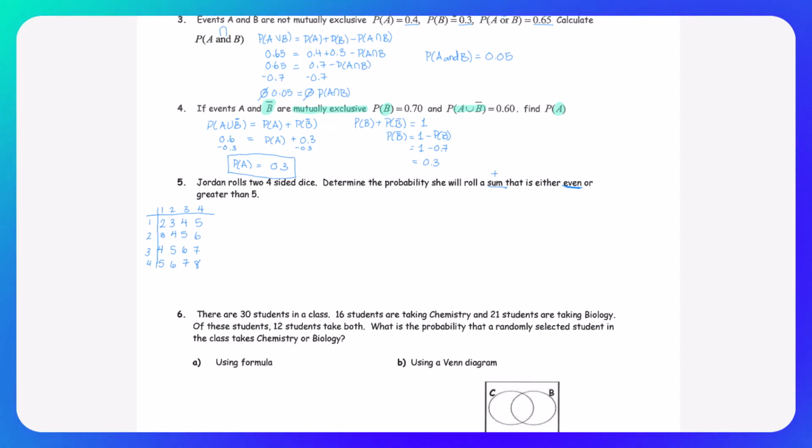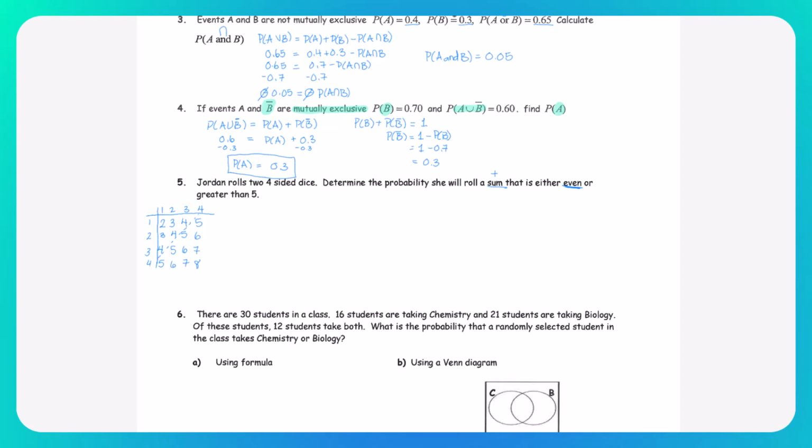For instance, if we look at anything to the right of this diagonal line, anything that's a 6 or an 8 as a sum, they're even and they are greater than 5. So these things are not mutually exclusive.